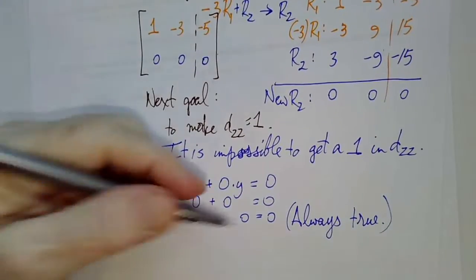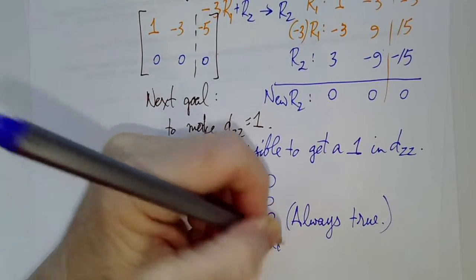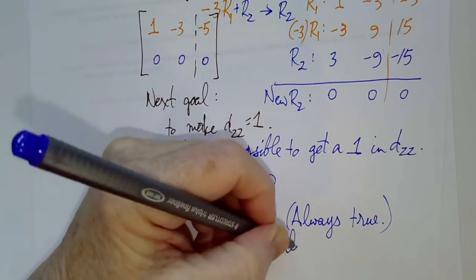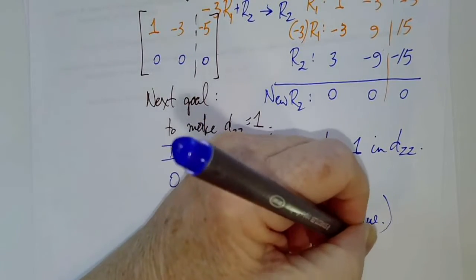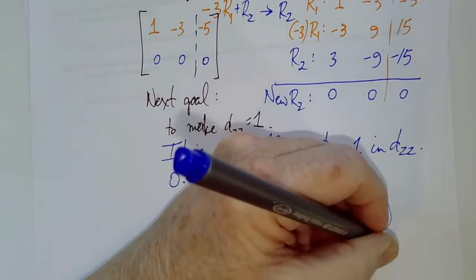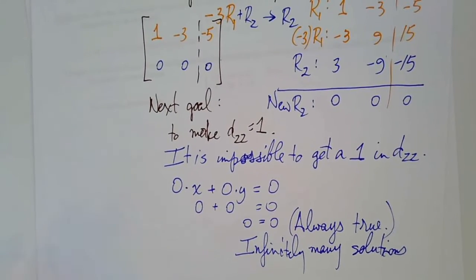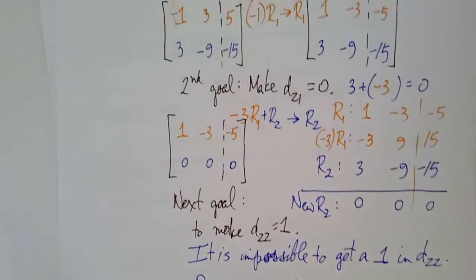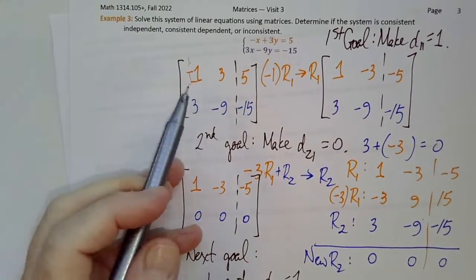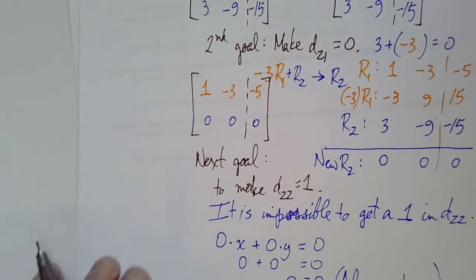That means that there are infinitely many solutions. But they're not just any numbers in the whole world. The solutions are made up of these two lines. And this is how we're going to work it.